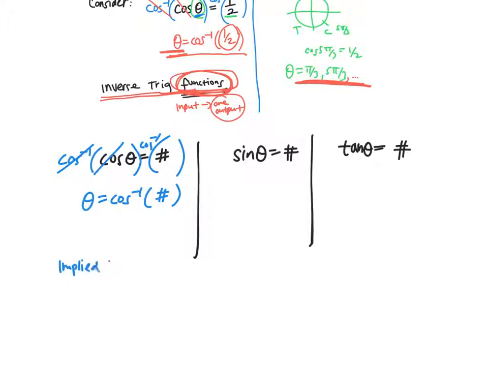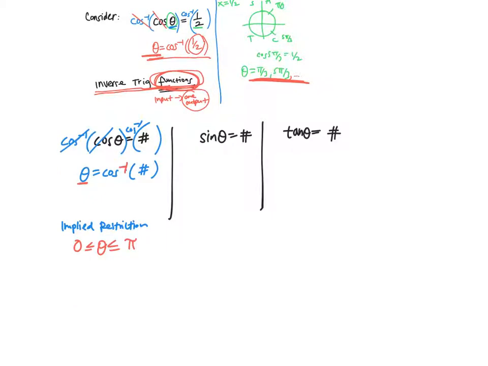So if you see the superscript notation here, that means inverse cosine, there is a restriction that tells you that your angle theta, your output, your answer, must be between 0 and pi radians.